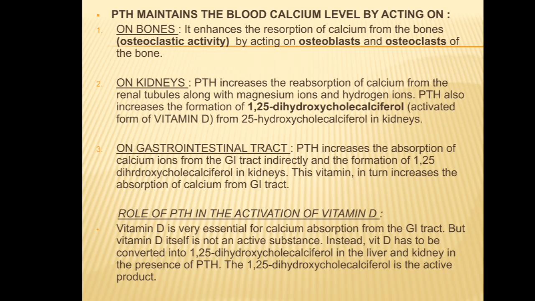So parathormone maintains the blood calcium level by acting on the bones, where it enhances the resorption of calcium, that is also by acting on osteoblasts. On the kidneys, it helps in reabsorption of calcium from renal tubules along with magnesium and hydrogen ions, and also it increases the formation of 1,2,5 dihydroxycholecalciferol, which is the activated form of vitamin D, from 25 hydroxycholecalciferol in kidneys.